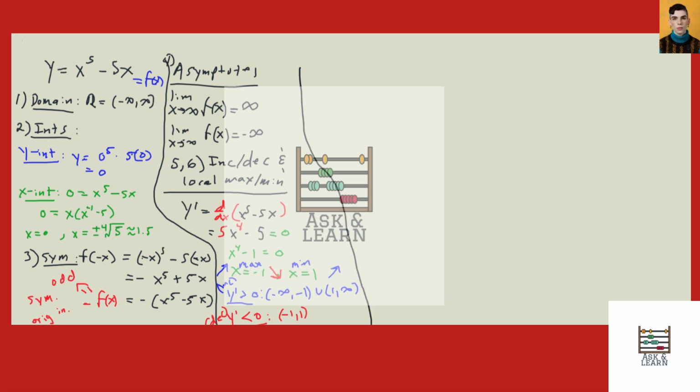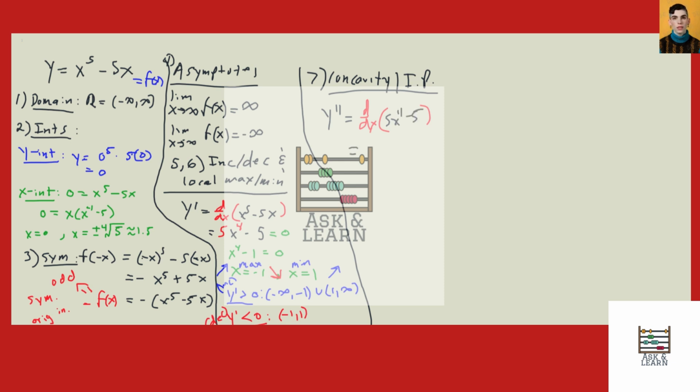Next, it says we want to determine the concavity and points of inflection. So this means we're going to want to look at the second derivative. So y double prime, well, this is going to be the derivative with respect to x of our first derivative, which is 5x to the fourth minus 5.